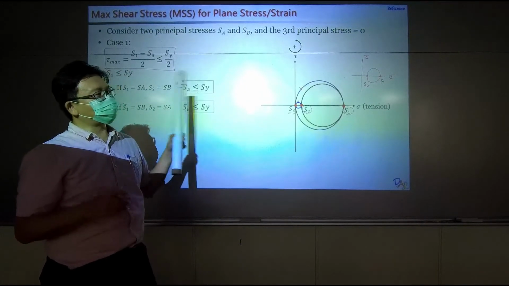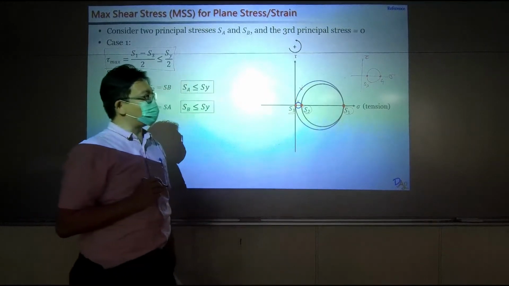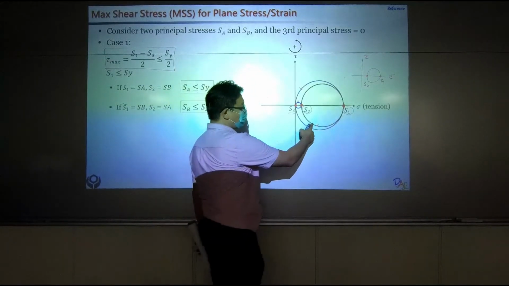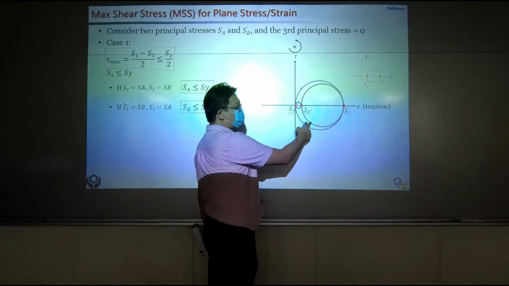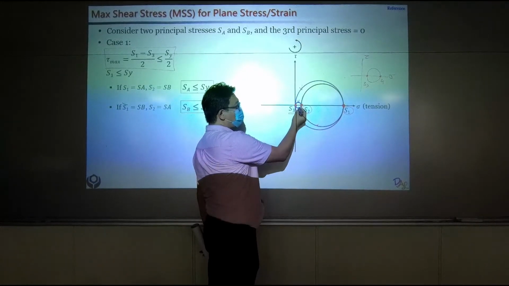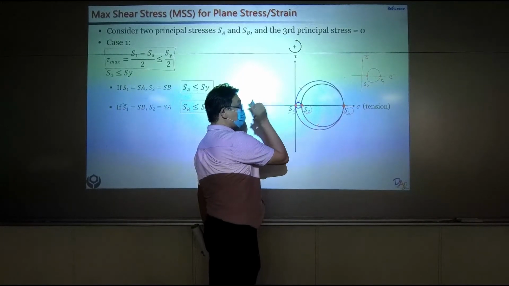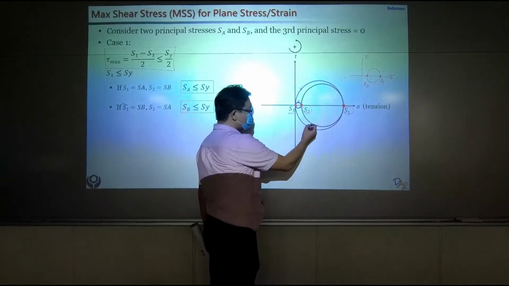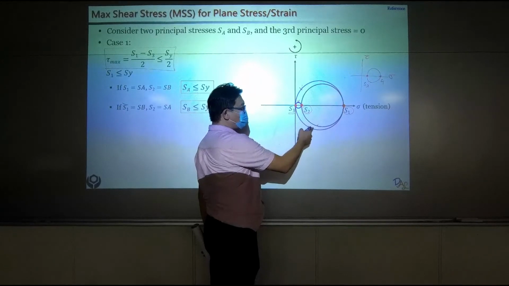The third direction has no stress, and if you still plot it out right here, this circle represents the 2D stress problem on the 1 and 2 direction. The smallest one represents the stress condition on the 2-3 plane. The biggest one represents the stress condition on the 1-3 plane.